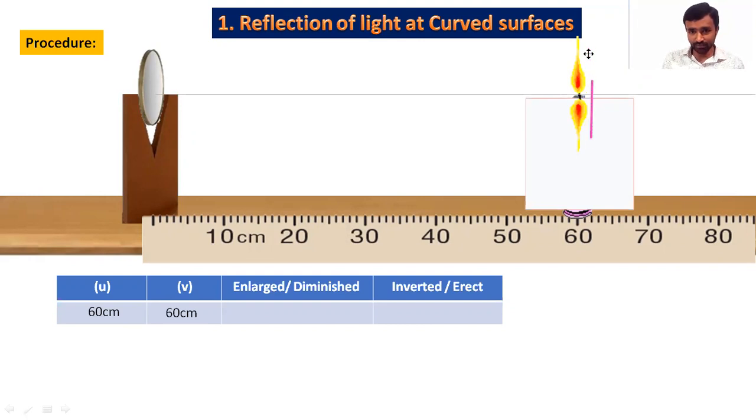Same line I am moving below. How is it? Almost the same. So what can we write for size? Same size. Then is it inverted or erect? Oppositely faced, so we can write it as an inverted image. Is it clear? Any issue?